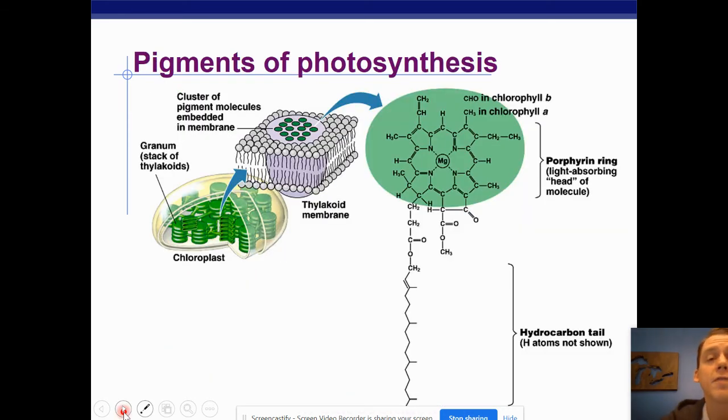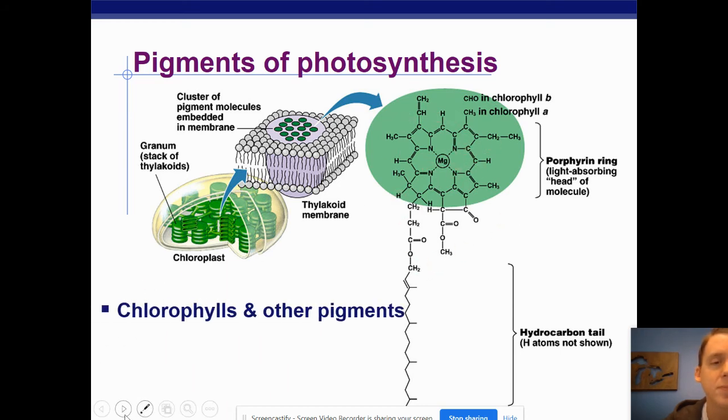What pigments are needed for photosynthesis? Well, we are going to use chlorophyll in photosynthesis. So chlorophyll is going to have a magnesium in the middle. You can see it's kind of a big molecule. There are other pigments besides chlorophyll. So as you know, all plants are not just green. They can be many different colors, and that's due to a variety of pigments. The most common pigment, though, is chlorophyll.